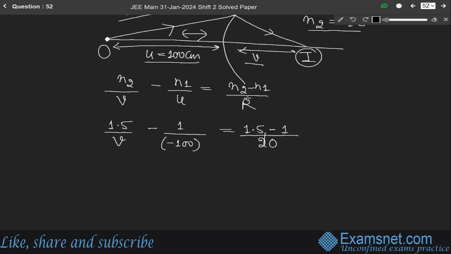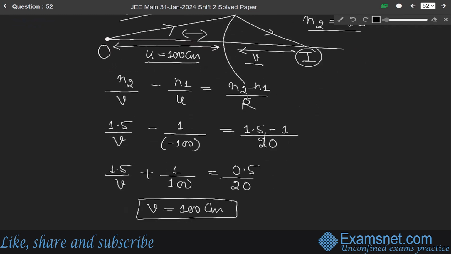So it will be 1.5 over V plus 1 over 100 equals 0.5 over 20. Solving it, we get V equals 100 centimeter.